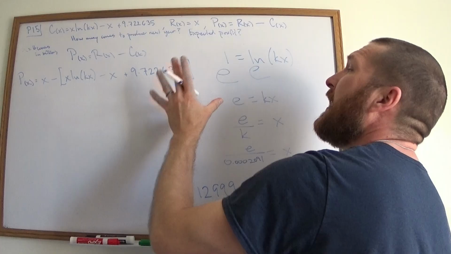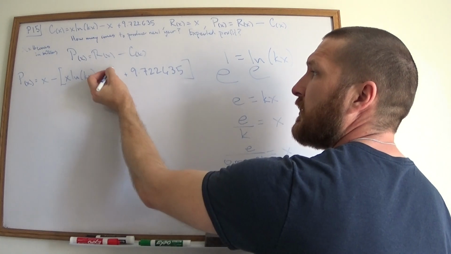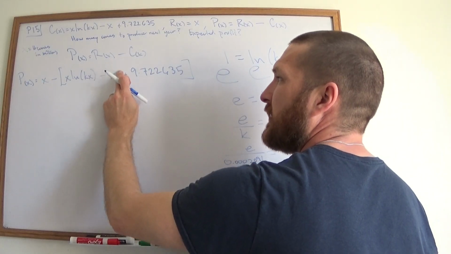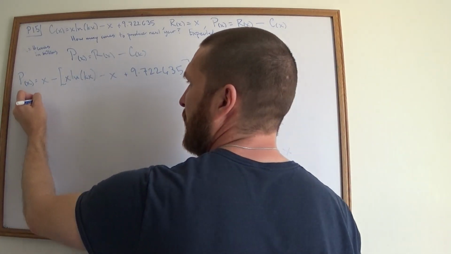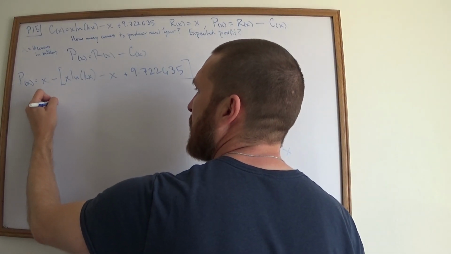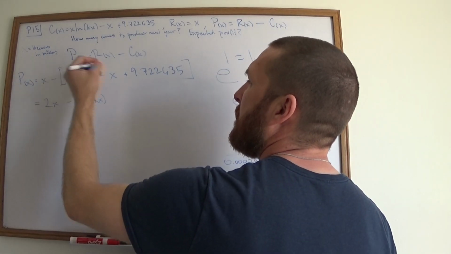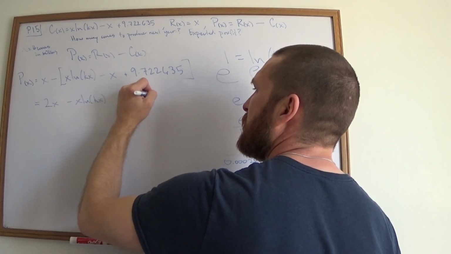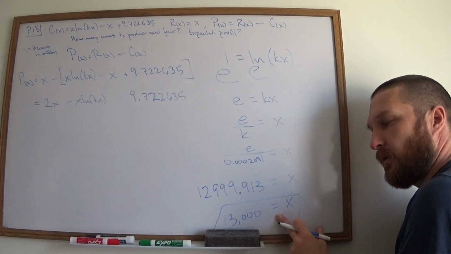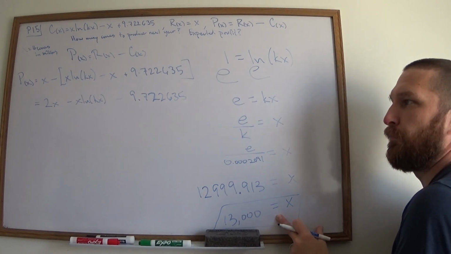It doesn't matter when taking the derivative, because it's a constant term. He just comes out. But at any rate, we did this, and then the x comes over and that gives you a 2x minus x log kx minus 9.722635. I plug in my magic value of 13,000 and that should give me a maximum here.